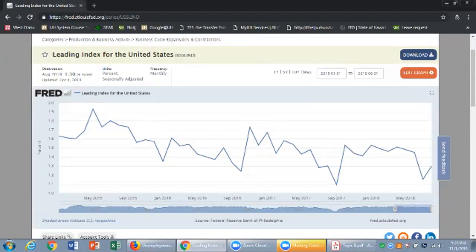And you see these kinds of dips here. We're not talking about major differences, but if we're going from something close to 2 to something close to 1 in about a year and a half, or 2.5 year time period, you're certainly seeing some indication that things are getting bad, or are going to be getting bad.